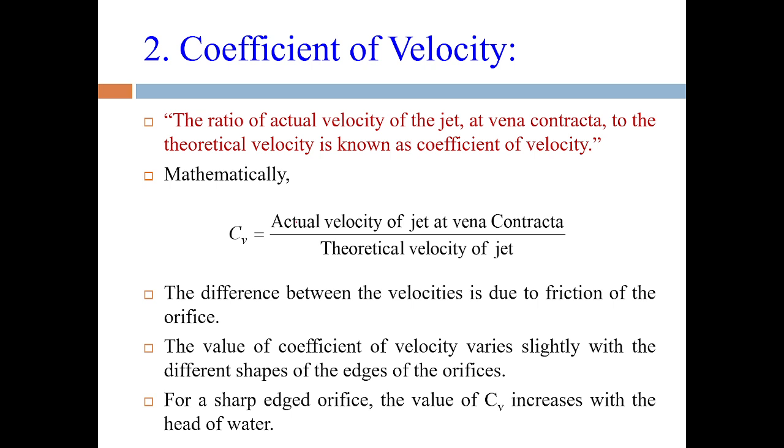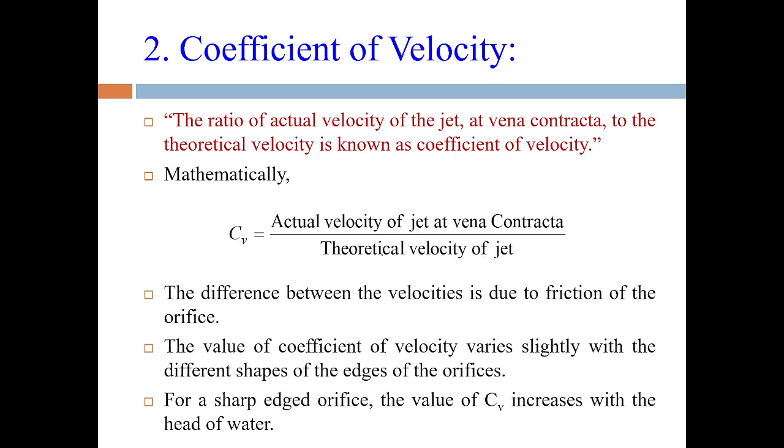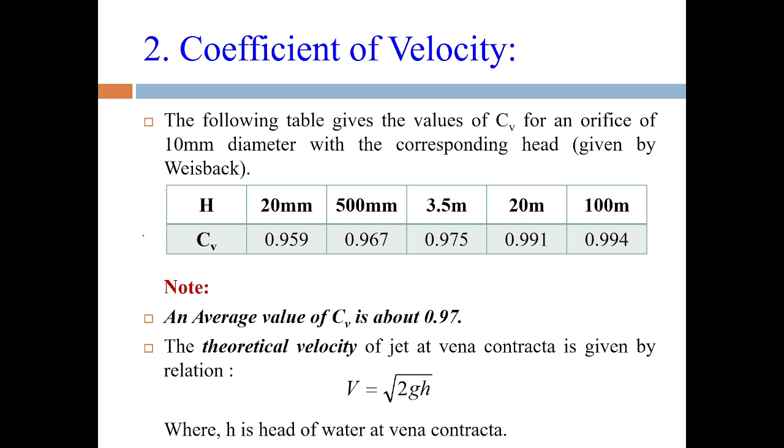Coefficient of velocity is the ratio of the actual velocity of jet at vena contracta to the theoretical velocity of jet. Velocity at this point, vena contracta, is the actual velocity, and divided by theoretical velocity of the jet, you will get coefficient of velocity. It is represented with CV. The following table gives the values of CV for an orifice of 10 mm diameter with the corresponding head.